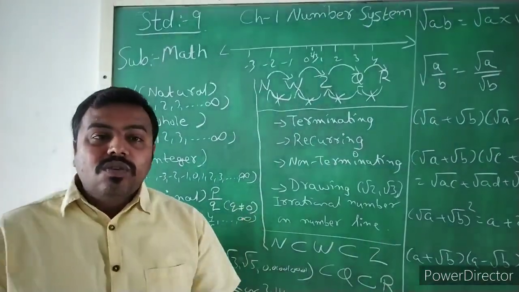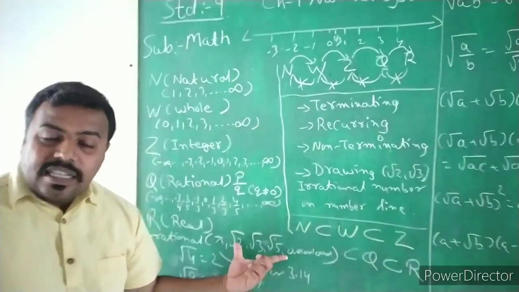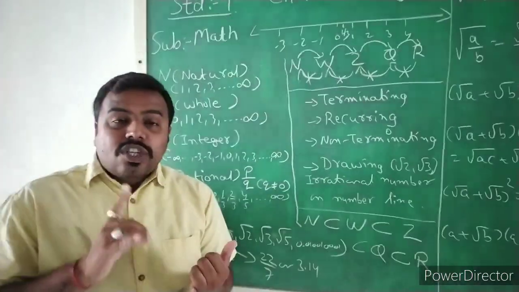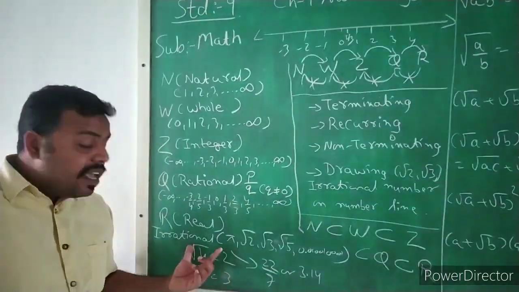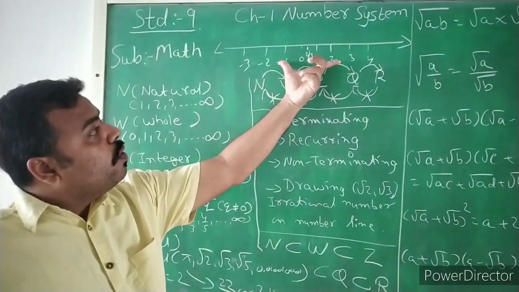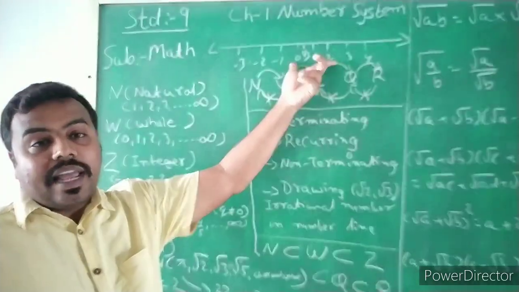Now moving forward to our discussion, that is irrational numbers. As we have discussed earlier, what are irrational numbers? If square root of any number is not possible, then such numbers are irrational numbers. Now such irrational numbers you will be required to plot on the number line.